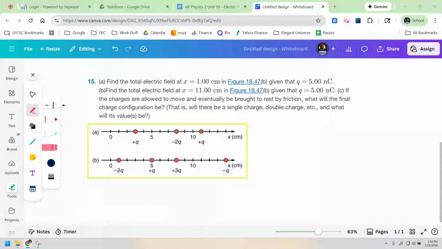All right, so for problem number 15, they want us, it's the same, wait. 18.47, but in my solution manual, it has something different. Oh, wait a second.